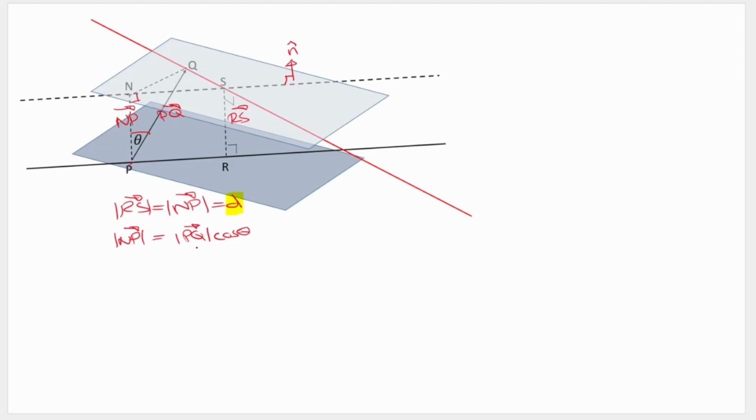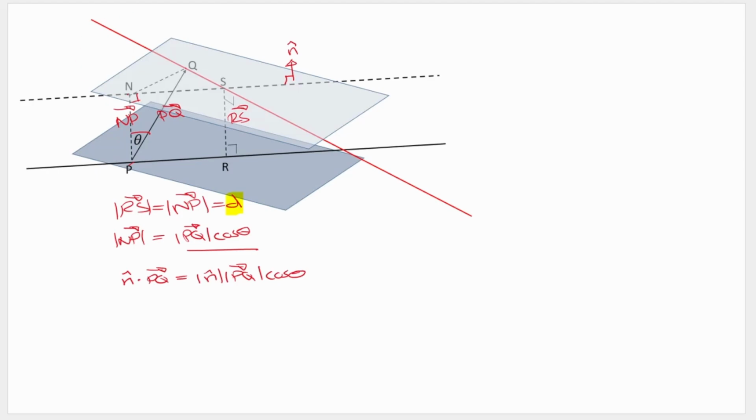So you'll probably notice that mod PQ cos theta looks like it belongs in the dot product. So I'm going to write this relationship down. n, which is our unknown vector, the normal to both planes. If I dot that with PQ, I will get from the dot product relation mod n mod PQ cos theta.